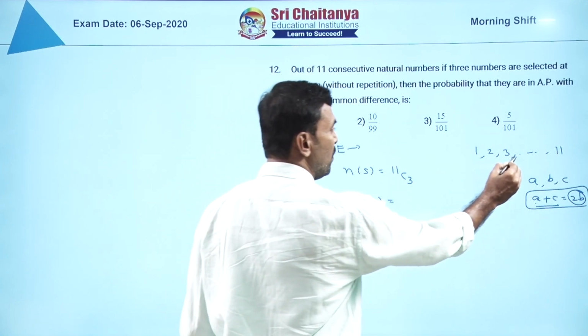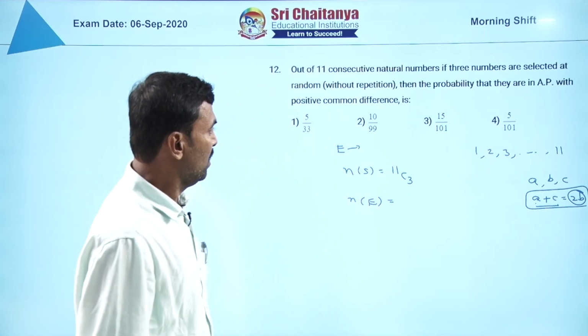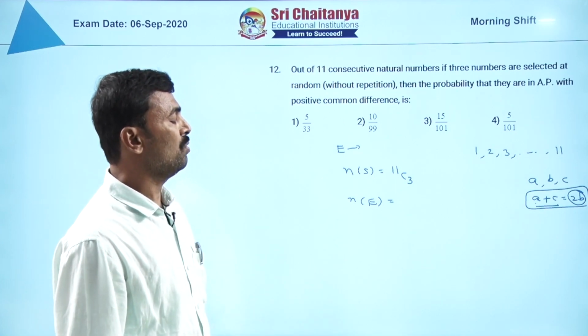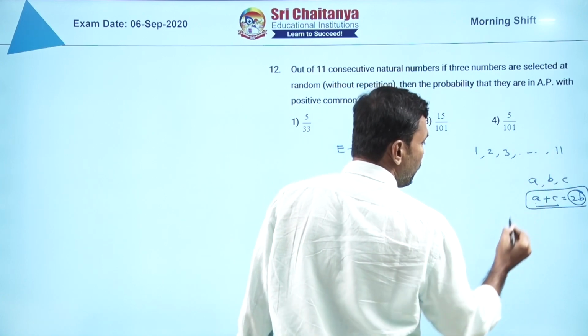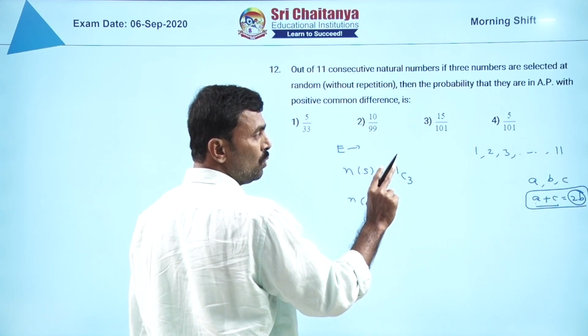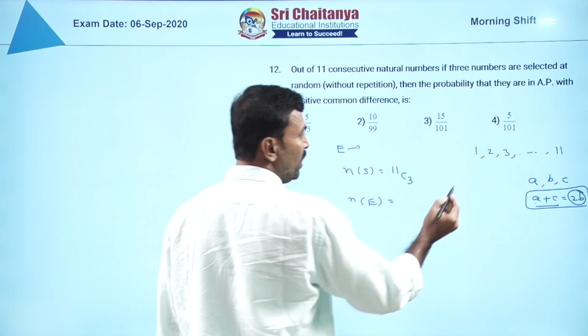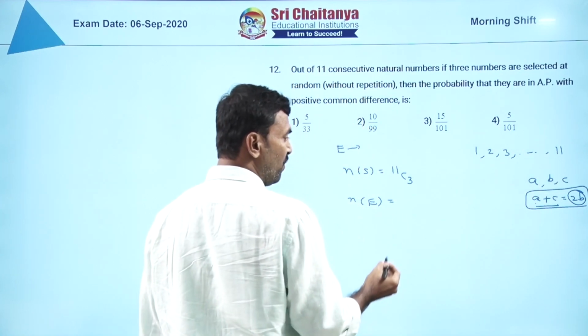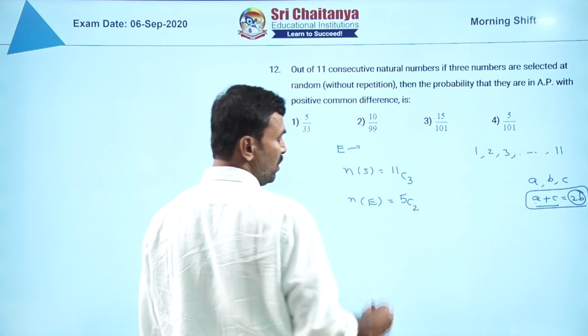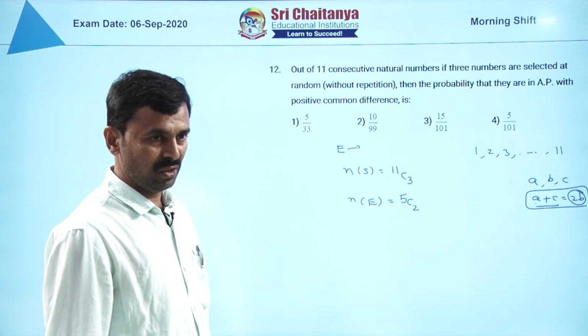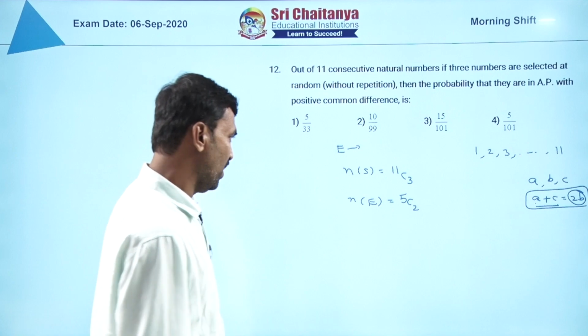So, from 11 numbers I am selecting 2 numbers so that their sum is an even number. That means I have to select 2 even or 2 odd. How many even numbers are there? 5 even numbers. So, from 5 even numbers, 2 even numbers can be selected in 5C2 ways, then the sum is even.